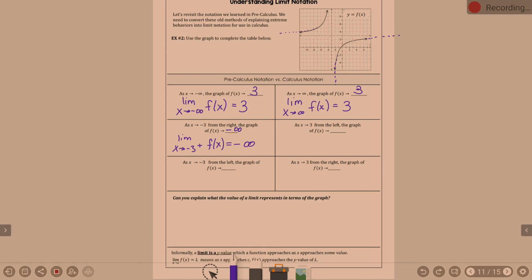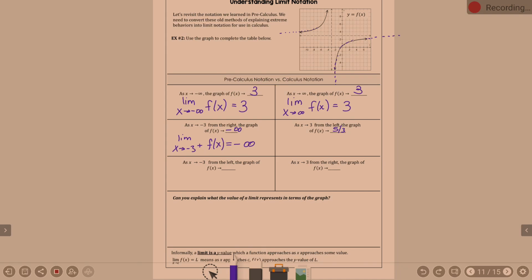As we approach from the left, I'm going to hop on the graph close to 3. What y value am I approaching? I'm approaching the hole. What is the y value of the hole? 5/3. Remember, it's the same graph as the other page. It doesn't matter that the graph doesn't exist at 5/3. It's approaching that value. That's what a limit is. A limit doesn't have to exist at that point. It just has to approach it.